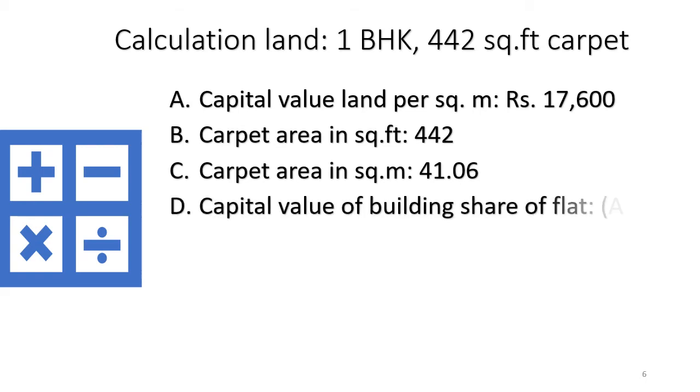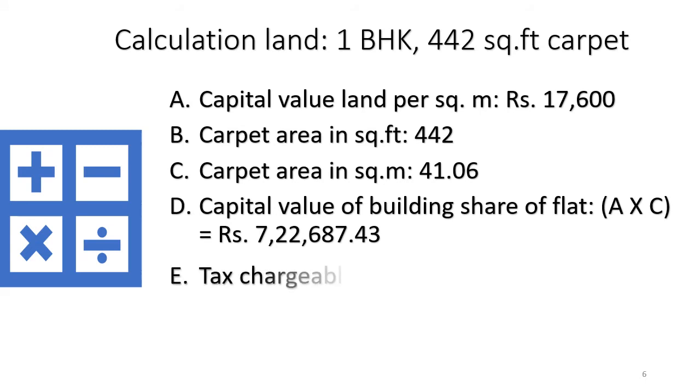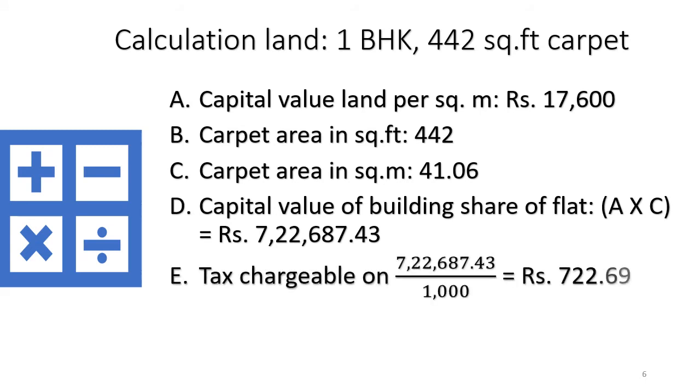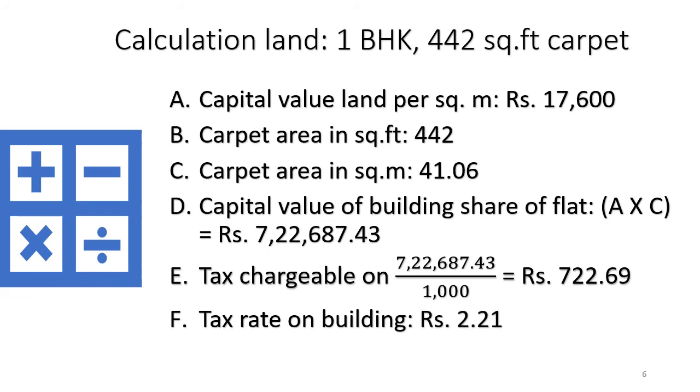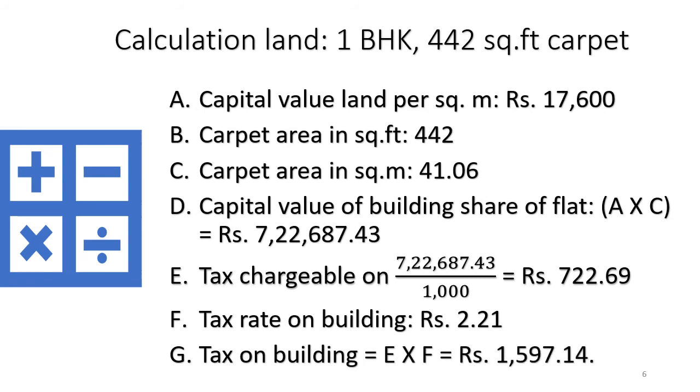So the capital value of the land share for this particular flat is 7,22,687 rupees and 43 paisa. Chargeable amount, divide this number in D by 1000, that works out to 772.69, and the tax rate on the land, as we saw earlier, is 2 rupees 21 paisa. So the tax on the land for this particular flat will work out to 1,597 rupees and 14 paisa.